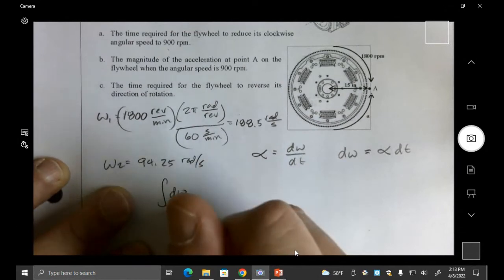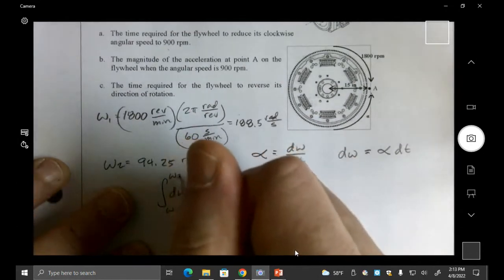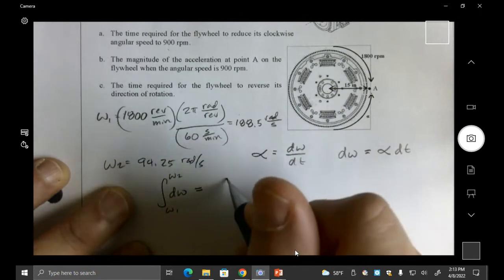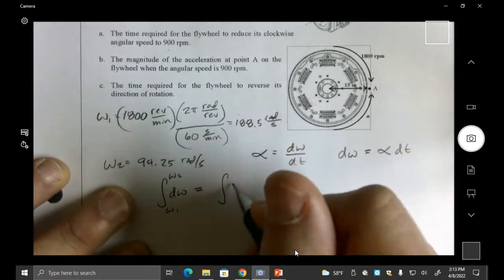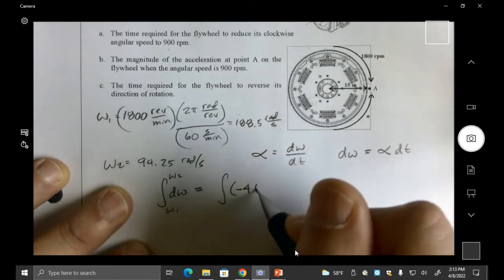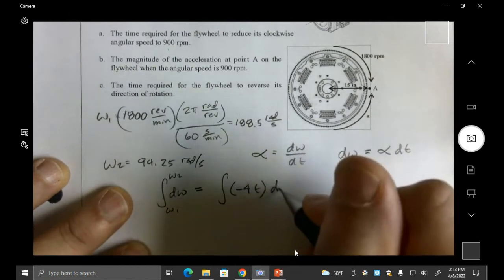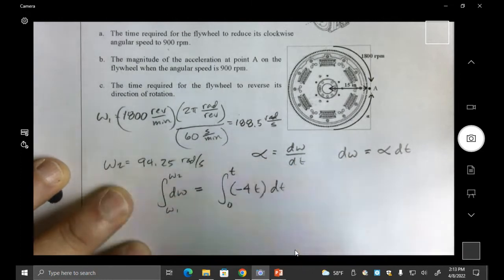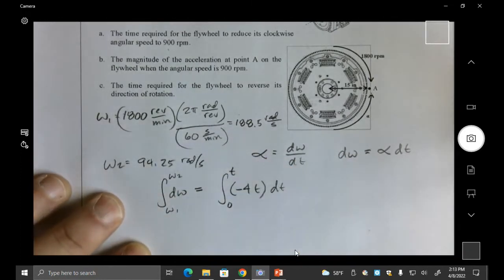The integral of d omega from omega 1 to omega 2 is equal to the integral of alpha, which is negative 4t dt, from 0 to whatever time we want.